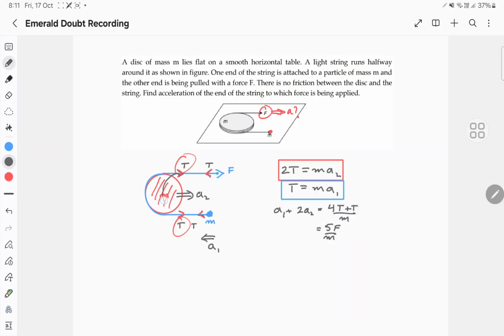the pulley has moved, say A2, so you'll get A2 and A2, you'll get 2A2, because this and this part is extra string, and then this guy has gone A1 forward, so here also you'll have a loose string of A1 amount.